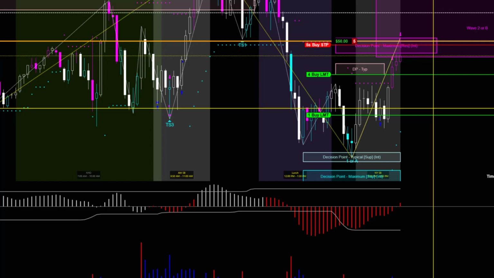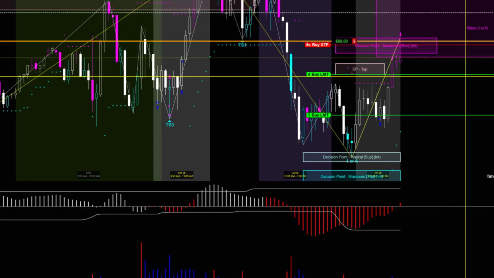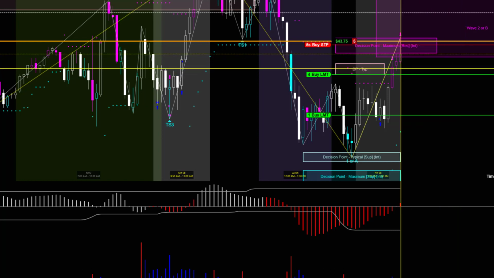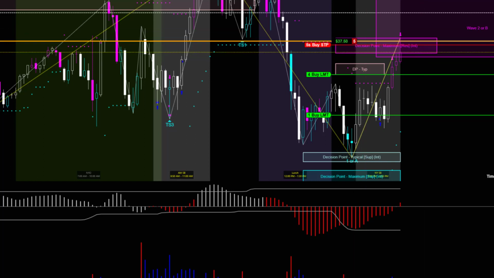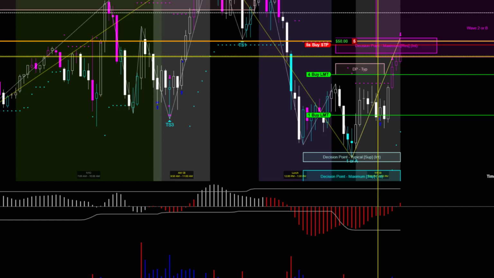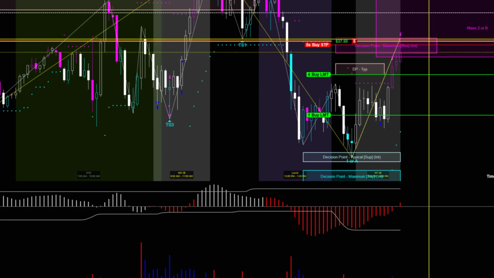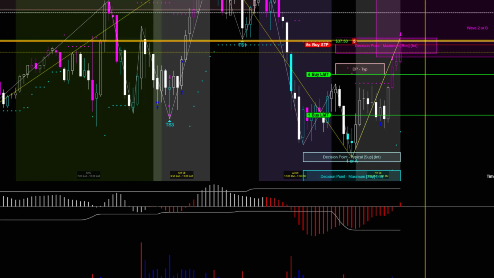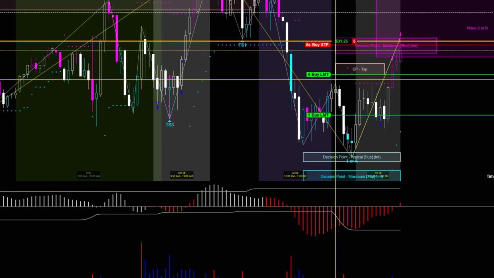But I don't know if you can see where everything kind of came together here with these levels that MT Predictor put out for me. I've got this big magenta box, which is a B wave or a 2-wave, and you can see we're inside of that. And then inside of that 2-wave, I have a maximum decision point off of, I guess it was this pivot back here.